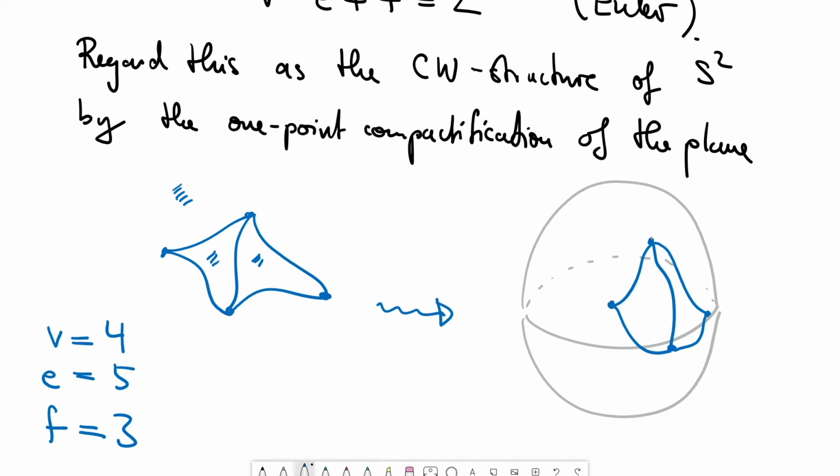And then we have a CW structure with this one-skeleton, and then we have three 2-cells, and what was formerly the infinite face is now the back of the sphere, and the attaching map for the 2-cell that belongs to this infinite face is just the map from S^1 to the sphere that goes around this, like that. That's the attaching map of the 2-cell associated with the infinite face.